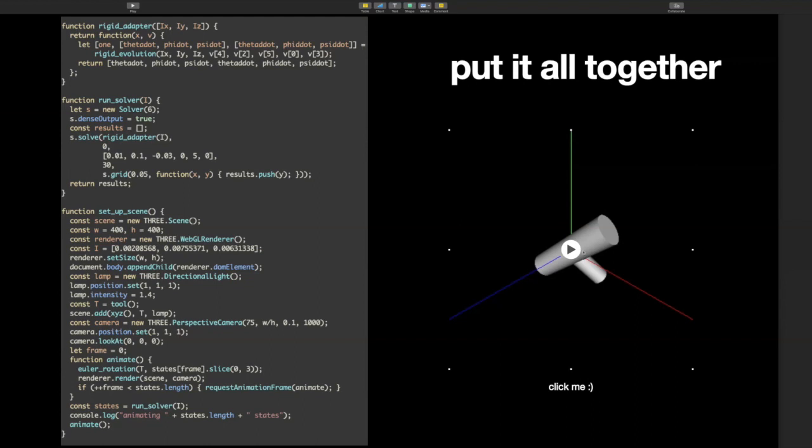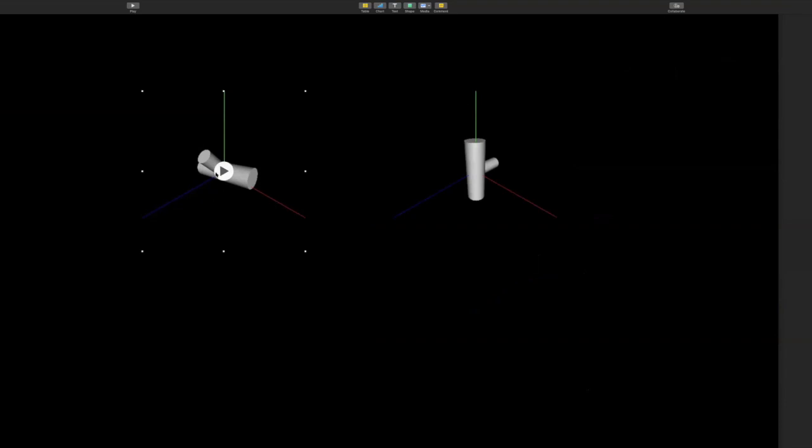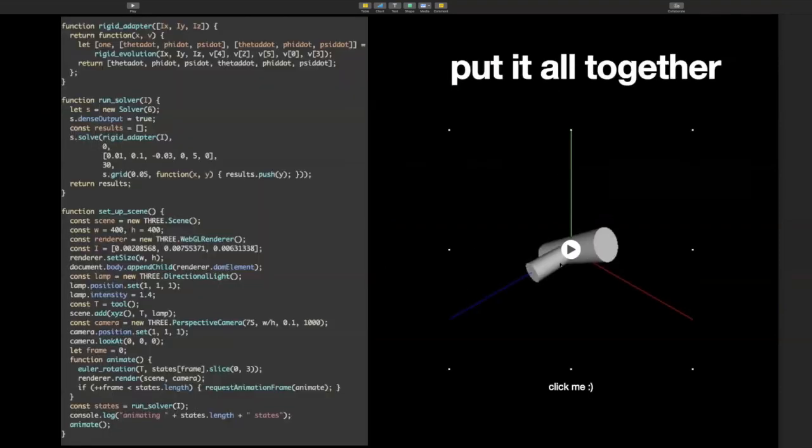If you did, you would find the object fall into one of the stable states. There's a stable state in which the object is perfectly happy to roll, and another stable state in which it is perfectly happy to spin. But if you try to go the other direction, you get this tumbling.